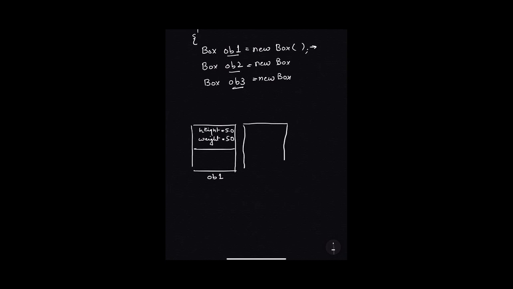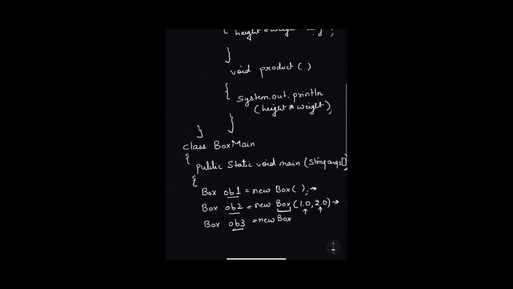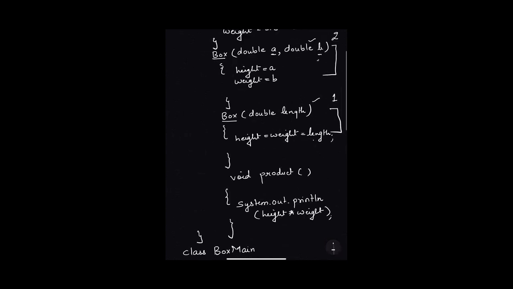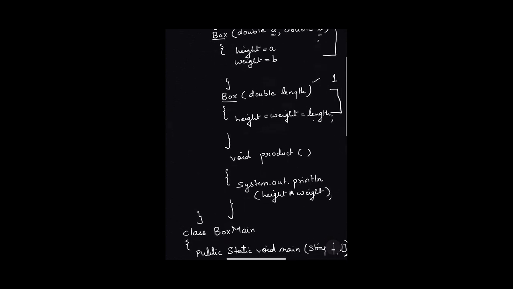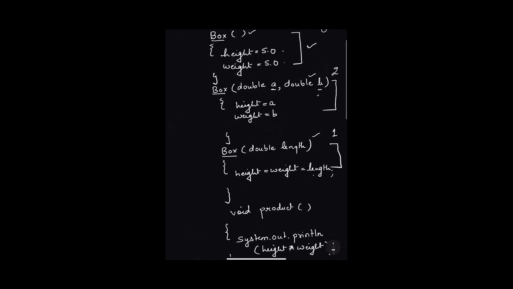Now let us call another constructor for object 2. If I pass two values in the object 2 constructor, then it will call a constructor box which has two arguments, and both the arguments should be of double data type. So let us move up in our class box and see, do we have such a constructor?